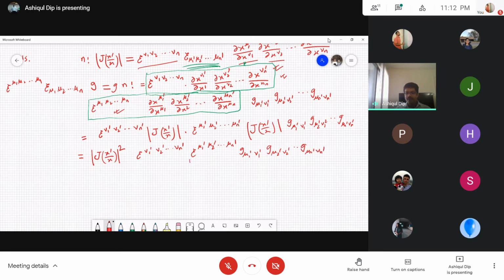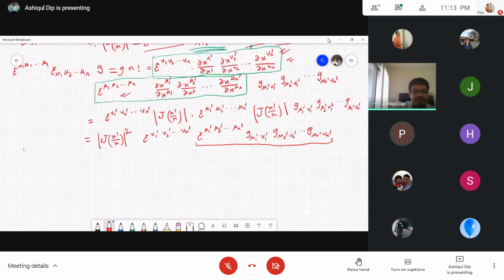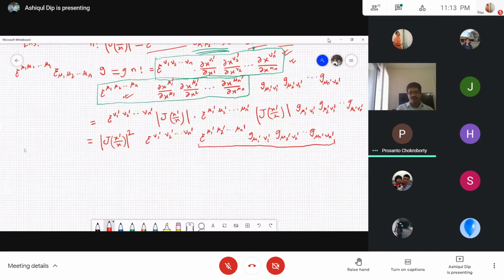So for this part I can apply the definition of determinant itself again. Yes, it's G prime. So what do you get if you apply that?